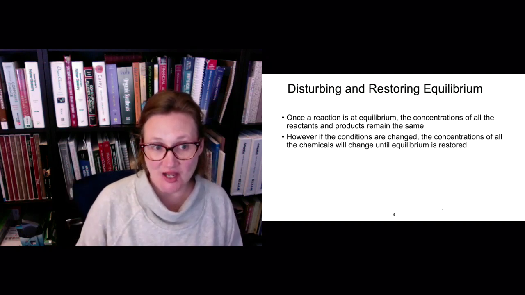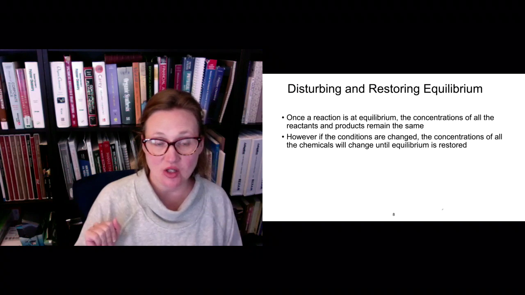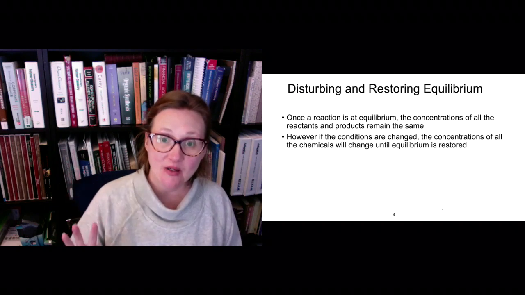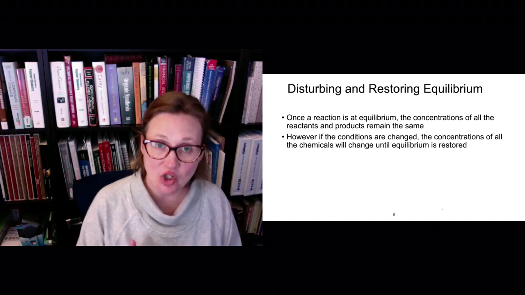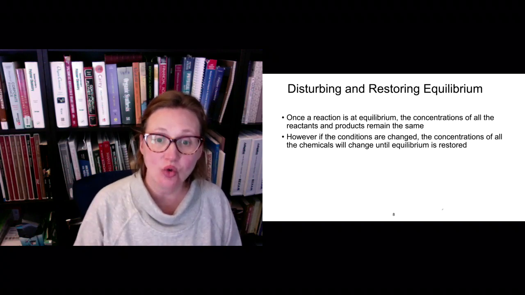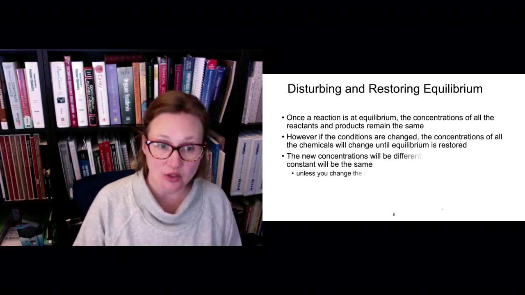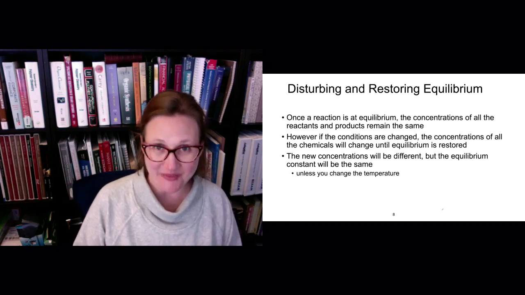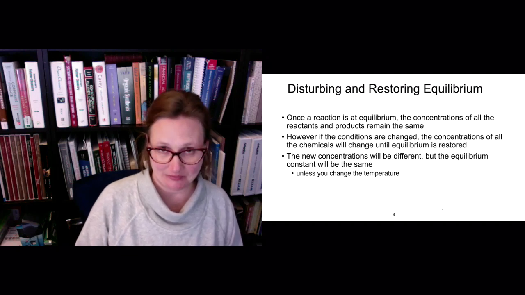However, we can change that, right? We can change the concentrations of those reactants and products. The reaction is going to respond to that disturbance in order to restore the equilibrium. Okay, so the new concentrations will be different, but the equilibrium constant will remain the same.